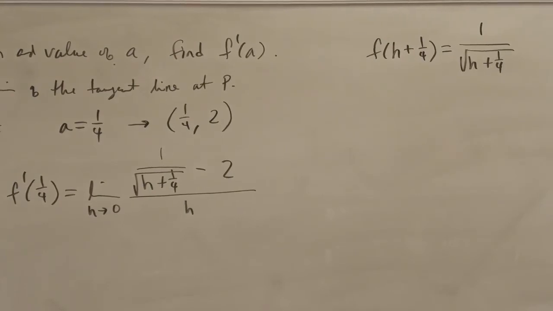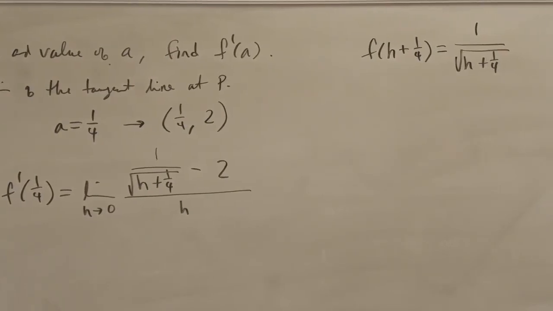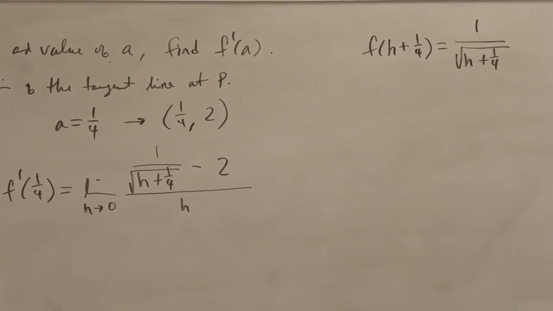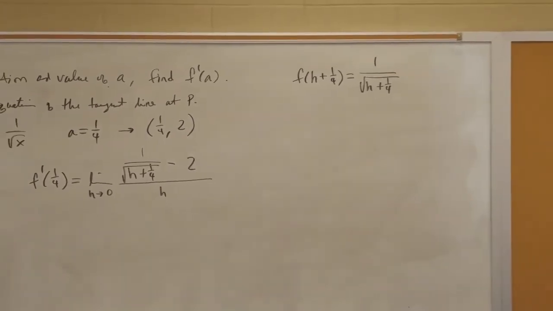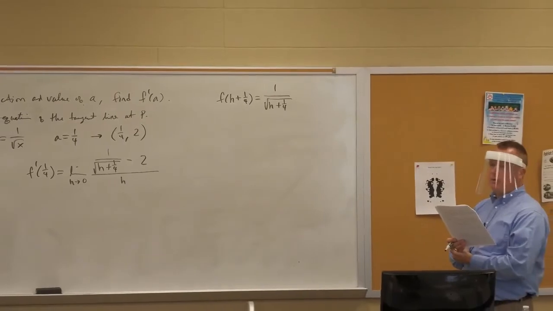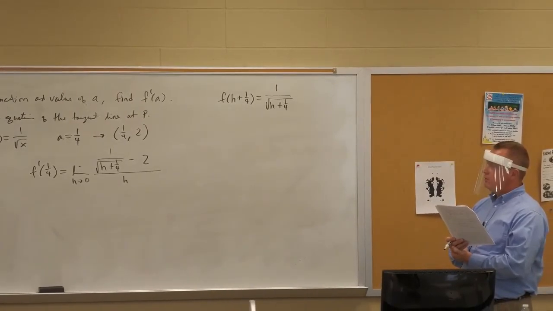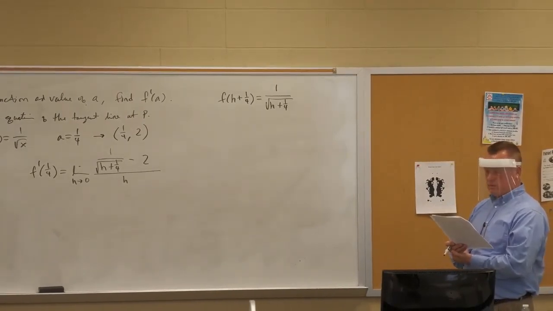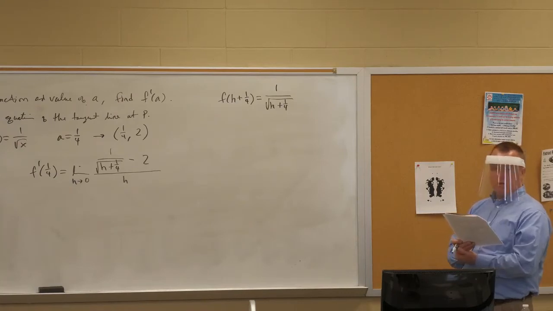Now I need to try to evaluate that. Okay, so 0 definitely doesn't work if I plug that in. I get 0 over 0. So what would I do first on that, you think? Get rid of the square root.